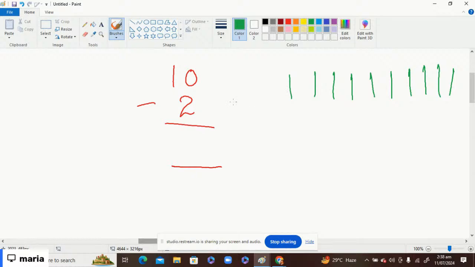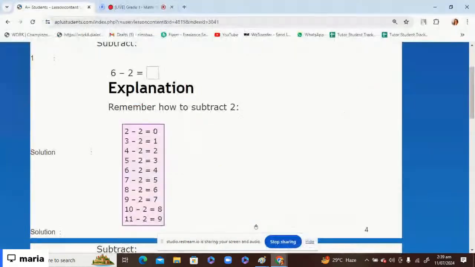Then how many lines did you remove? Only 2 lines. It's one line, it's the second line. How many lines are left? Count it. 1, 2, 3, 4, 5, 6, 7, 8. So 8 lines are left. So we're going to put it here. Okay. This is the way to solve it.